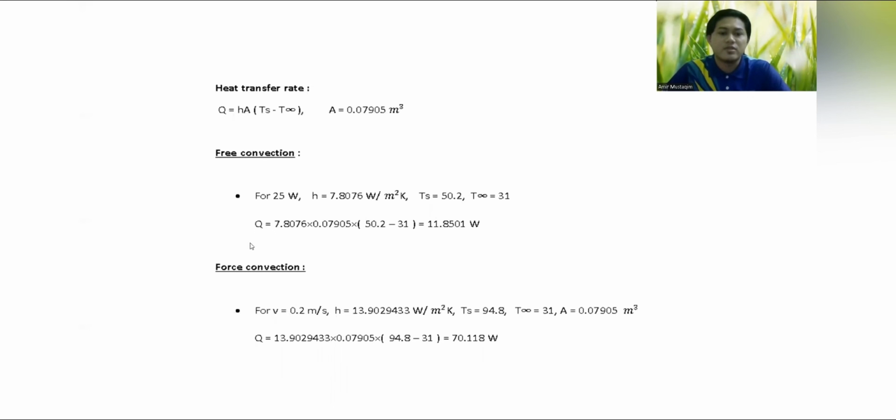For free convection, we got Q equal to 11.8501 watt, and for forced convection, we got Q equal to 70.118 watt. For these two calculations, we use the same value of area and ambient temperature. The only different parameters are h and Ts.